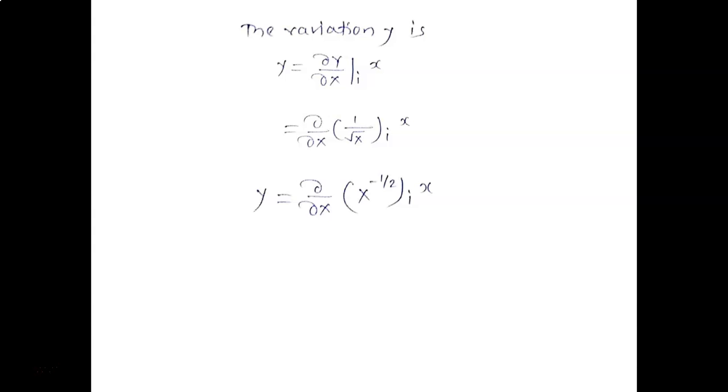Therefore, dou by dou x of x raised to minus 1 by 2 into small x at the point I. Therefore, by differentiation, small y is equal to minus 1 by 2 into x raised to minus 3 by 2 at the point I into small x. Therefore, small y is equal to, what is xi? xi is equal to 100. Therefore, small y is equal to minus 1 by 2 into 100 raised to minus 3 by 2 into small x.